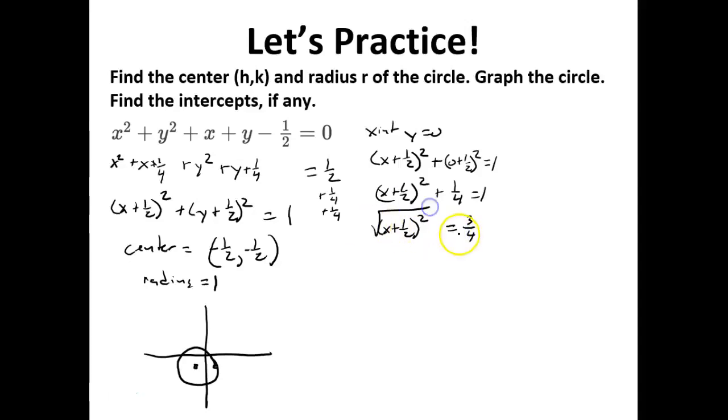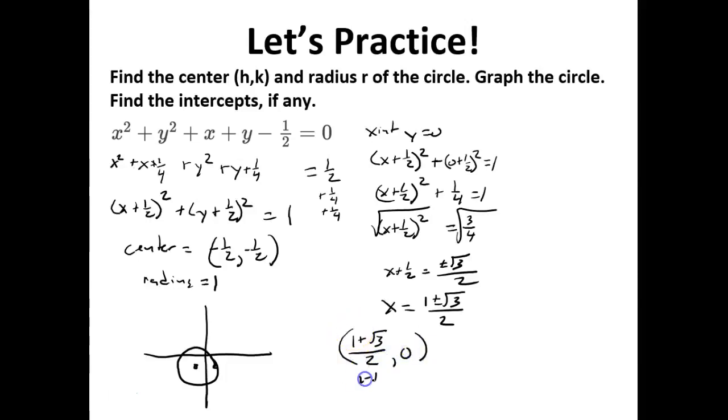When I square root this on both sides, I'm going to get x plus 1/2 is equal to plus or minus square root of 3 over 2. And so we get x is equal to negative 1 plus or minus square root of 3 over 2. So my x-intercepts are at negative 1 plus square root of 3 over 2, 0, and negative 1 minus square root of 3 over 2, 0.